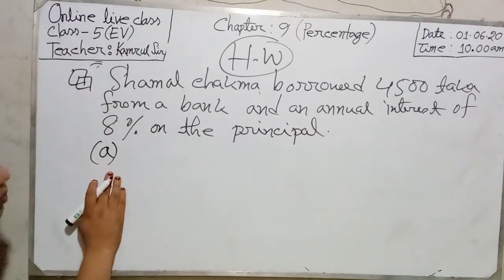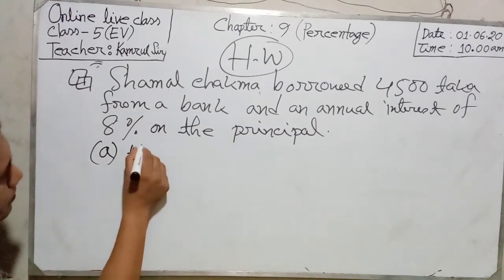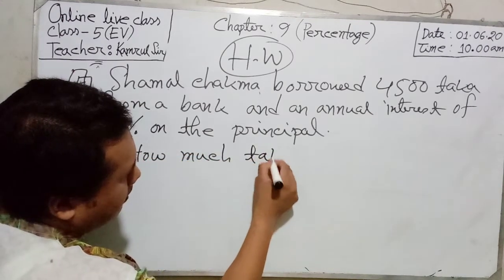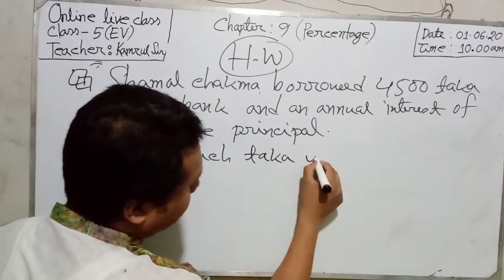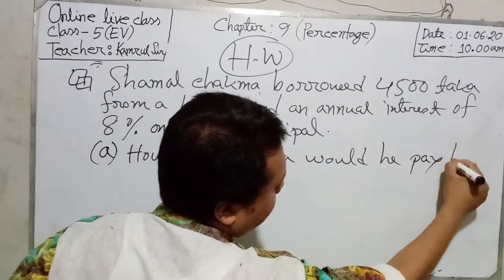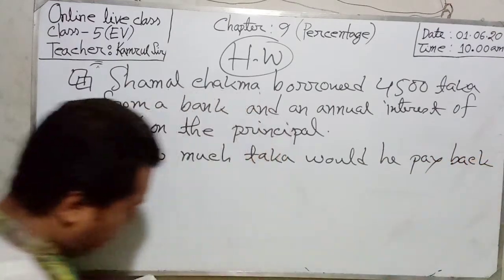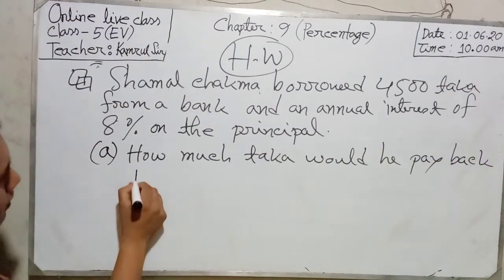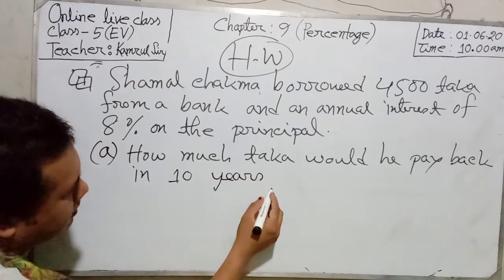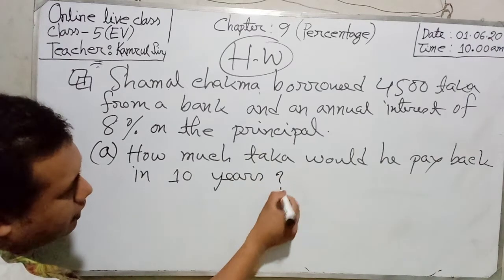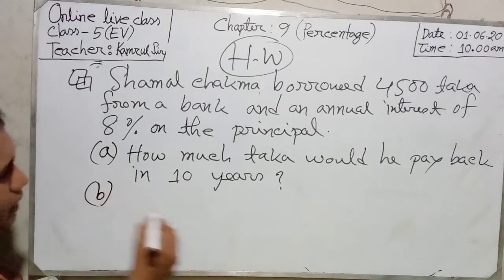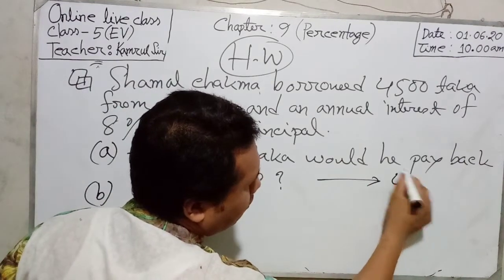Now number A, creative question A, you can write: how much taka would he pay back in 10 years? Dear students, this is similar maths to exercise 9, problem number 5. Good. Now number B, this maths contains 4 marks.